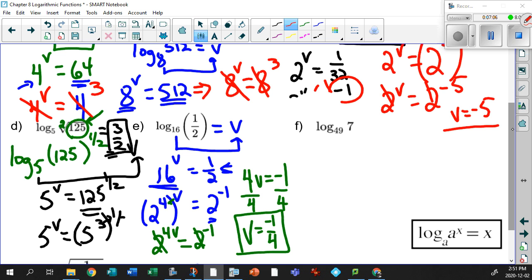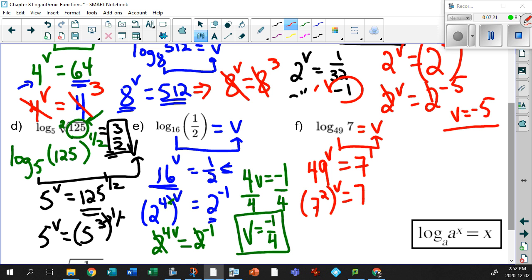Watch again now. Again, let that equal v. 49 to the v. You'd probably be, at this point, already able to figure this out. Right? Isn't 49 just 7 squared? Look at that. Across the bracket, you multiply. So this is 7 to the 2v equals 7 to the 1.